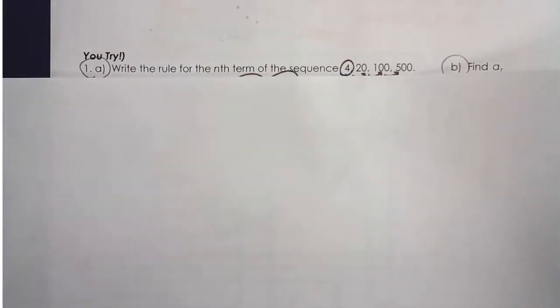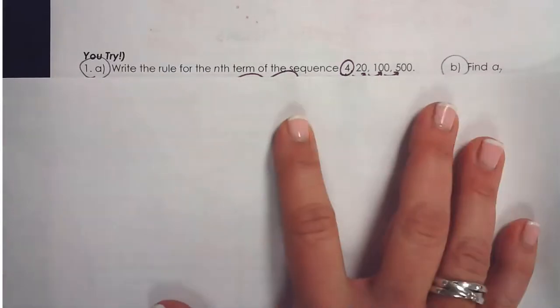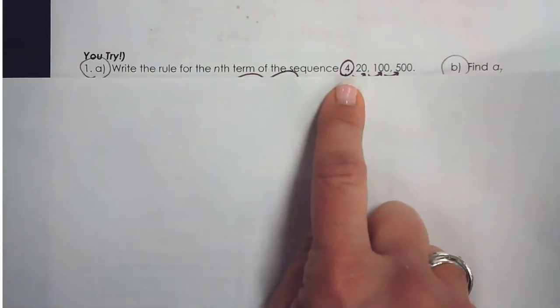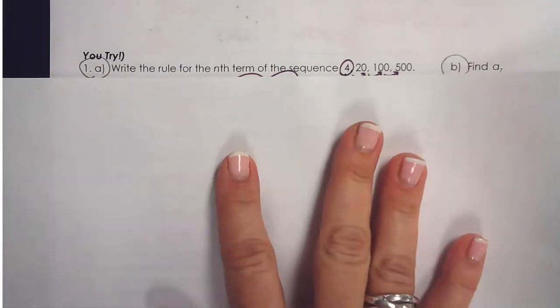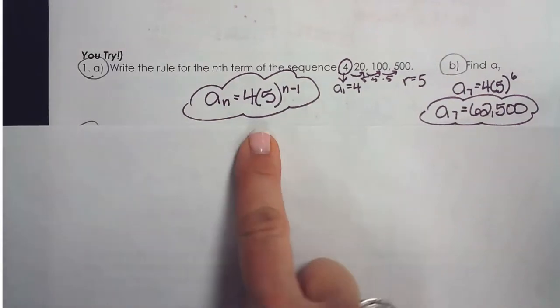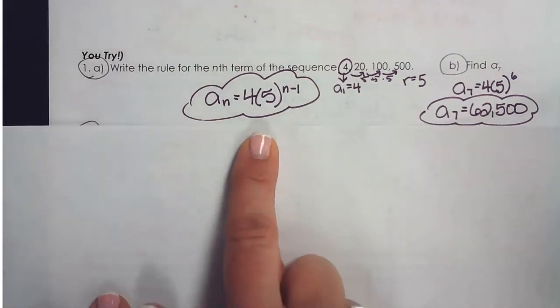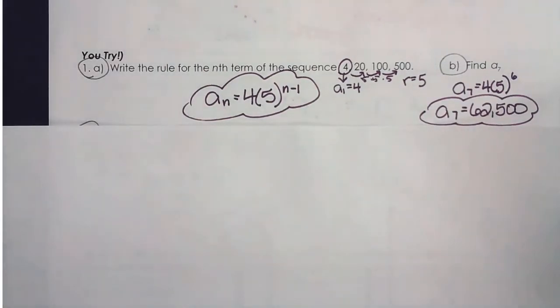So now that we've had a few minutes to look, let's look at the you try questions. Here we were able to identify A sub 1 as 4, and what was your R? Your R value is 5. So what you can do is then just put that in here. So this is how your rules for the geometric sequences need to look like.